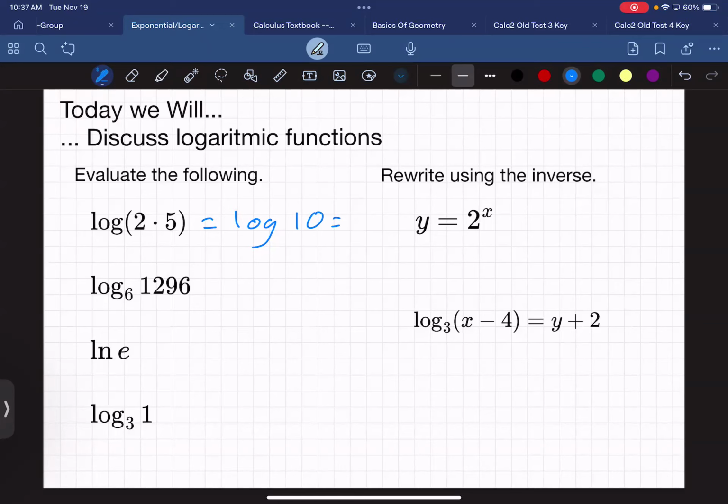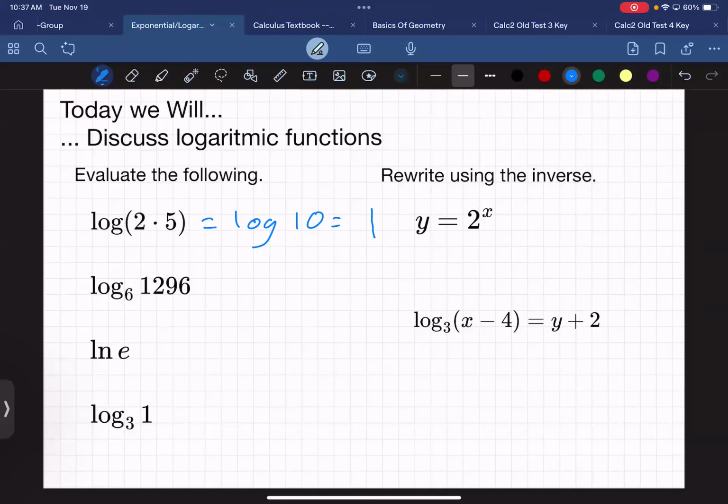What's missing with this logarithm right now? We're looking for the base. It doesn't show a base, so there are two things the base could be: either 10 or e. What is this one? It's base 10. So what is log base 10 of 10? It's 1, because 10 to the first power gives us 10.